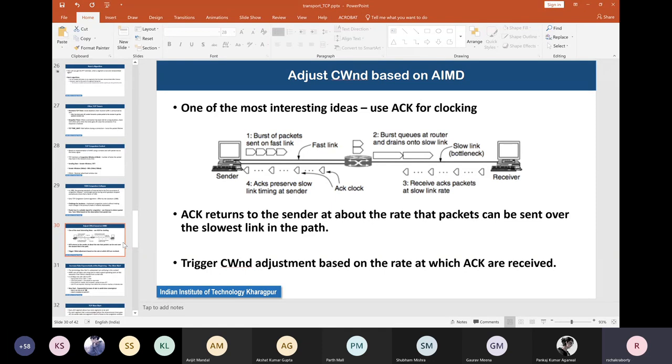One of the interesting observations he made was that the rate at which acknowledgements are being received is a good indication of how fast a data transfer your network can support. Why? Say between the sender computer and the router there is a very fast link, and you push segments like anything because you have a fast fiber optic cable. Unfortunately, between the router and the receiver, the network is quite slow.